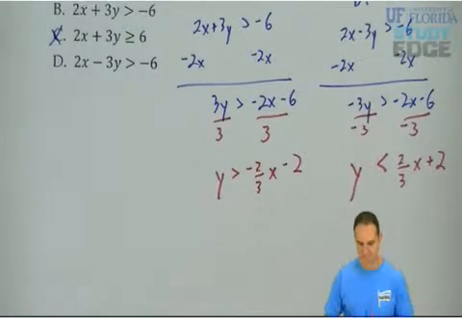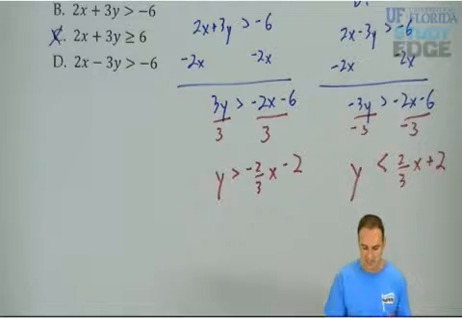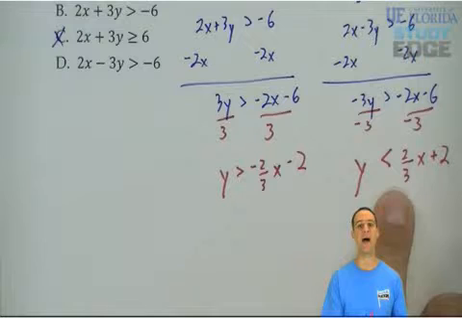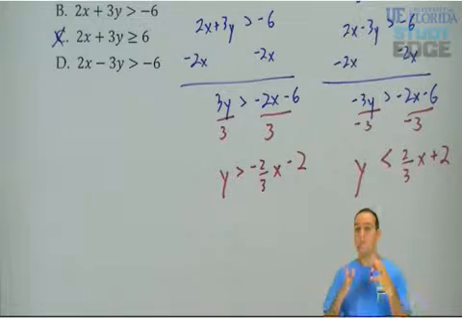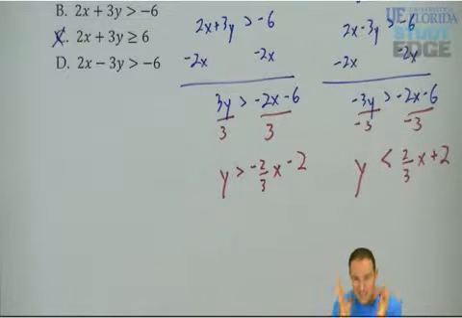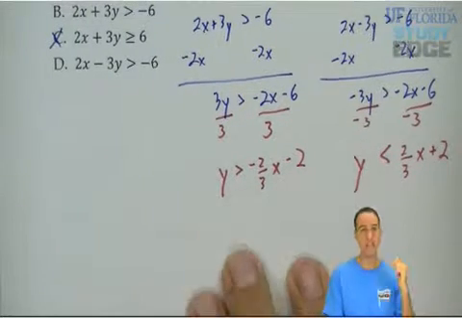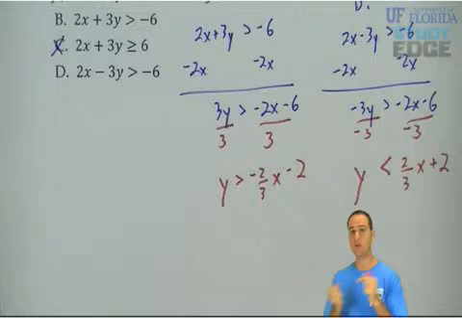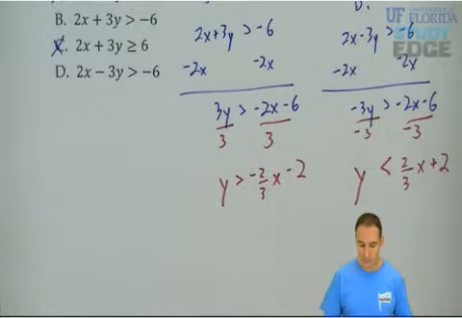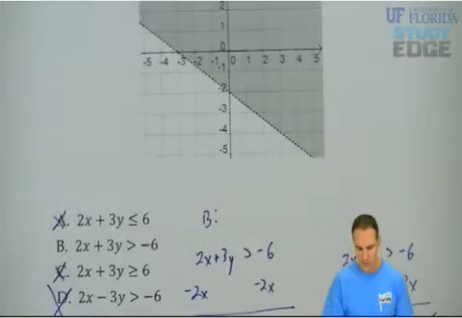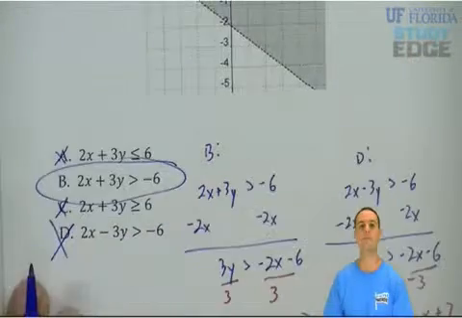So you know it's got to be answer choice B, because we needed y greater, and this one is y less. But in order to do that, you have to make sure y is by itself. We got rid of two answers based on solid or dashed, and now we can get rid of answer choice D because we have to shade above, not below. So the answer in this case is B.